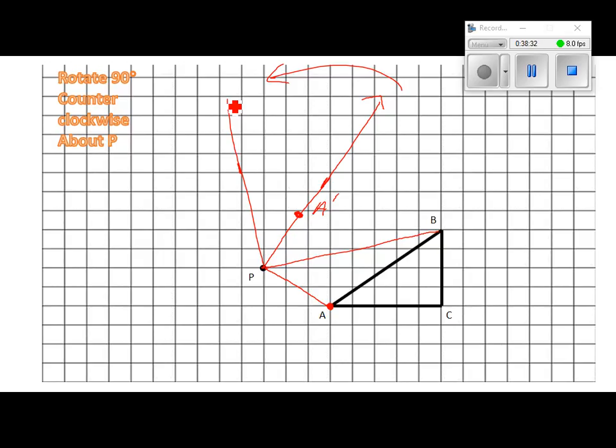Just to make Jacob happy, I'll use my ruler this time. But look, Jacob, I'm still not measuring. I'm just doing this. How far is B from P? About that far. So how far should B prime be from P? About that far. So right about there.